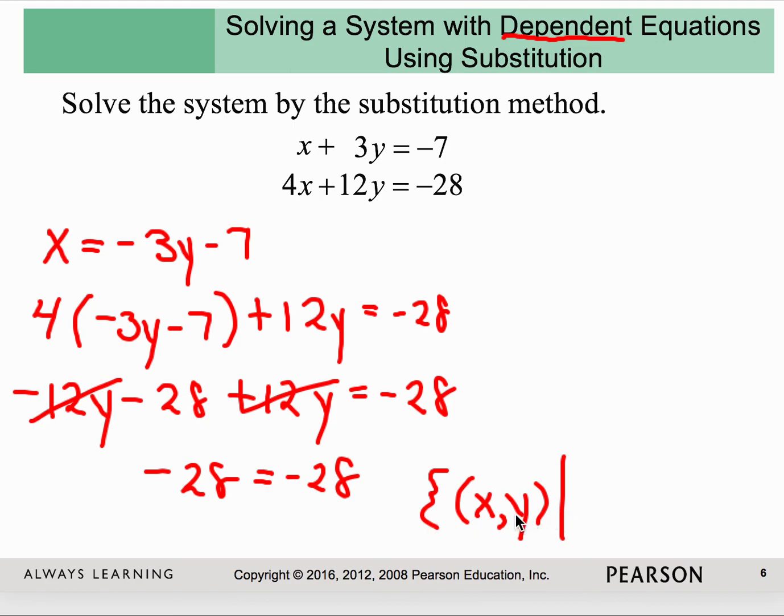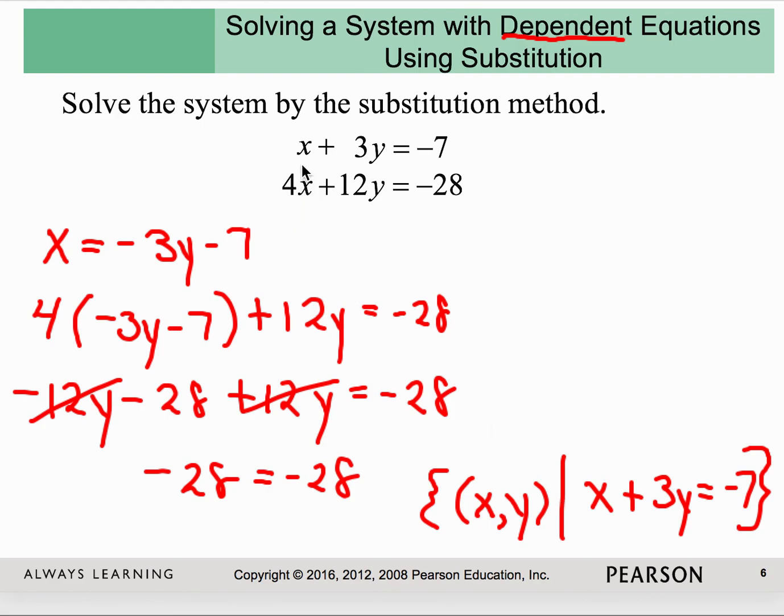And then you just take one of these equations and write it in there, right? So such that x plus 3y equals -7. In other words, anything that satisfies that equation will satisfy the entire system, because those are really the same two equations.